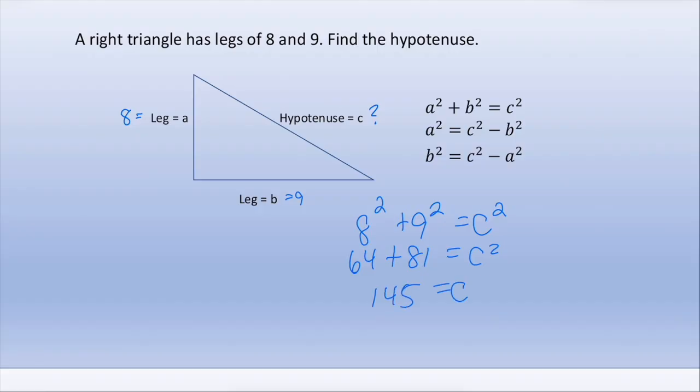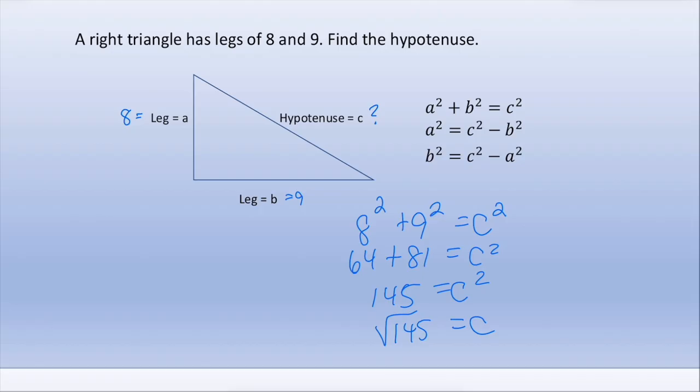That is 145. Now, that is not a perfect square, so here's what you do. To get rid of this square, you're going to use the opposite mathematics, which is the square root. So it's the square root of 145 would be the exact answer. You can't do much to that.